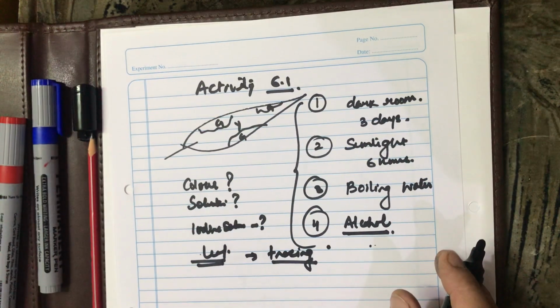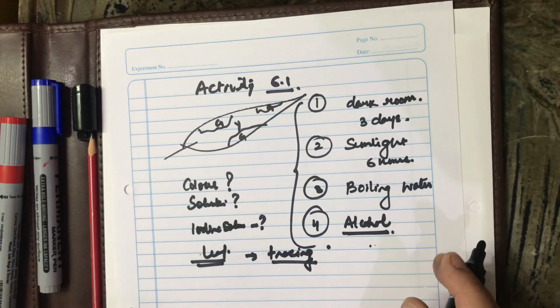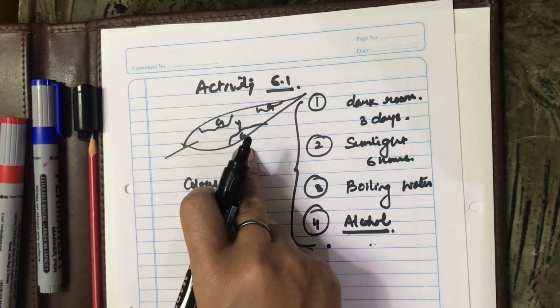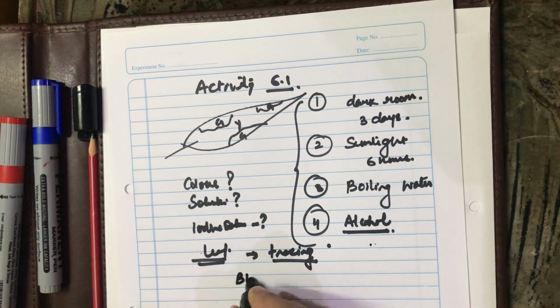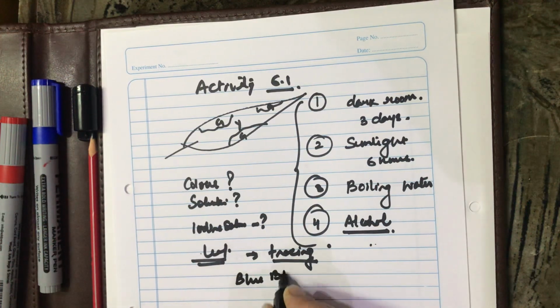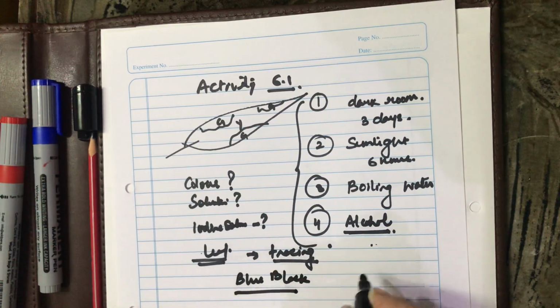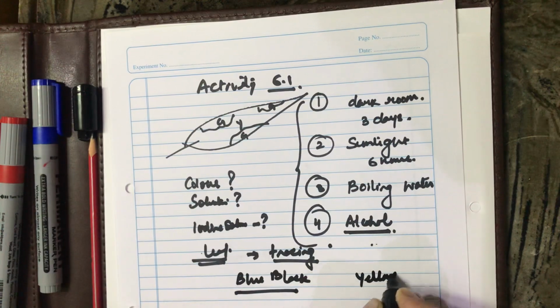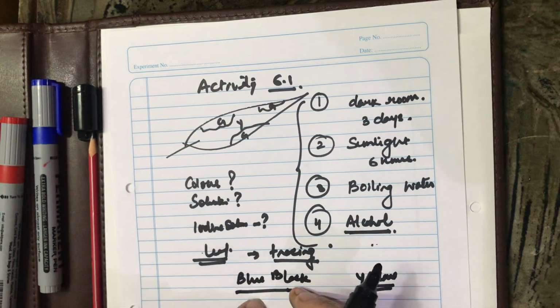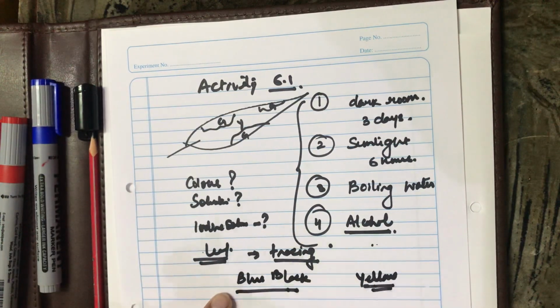So after the activity we conclude that the leaf will be seen in two types of patches, the blue-black patches and the yellow patches. Blue-black are the areas which were earlier green in color and performed photosynthesis, so had starch in it.